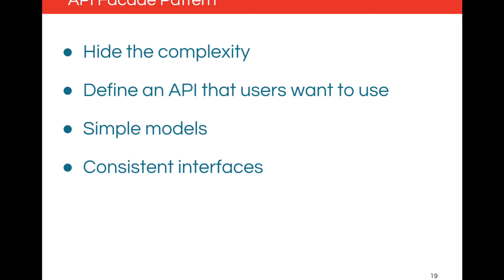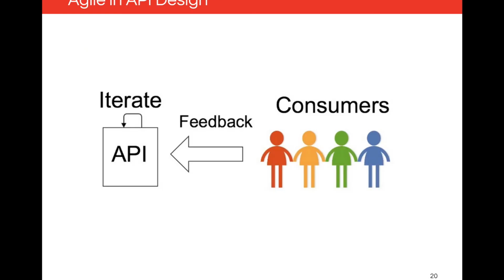And the API is going to have simple models and consistent interfaces that are great to use for the consumers. So one great way of building a contract-first design is to get feedback from your consumers, because you're building it for them, so you want them to tell you how to do it. So here you can create an API and collect feedback from your consumers, and then you iterate on that design.